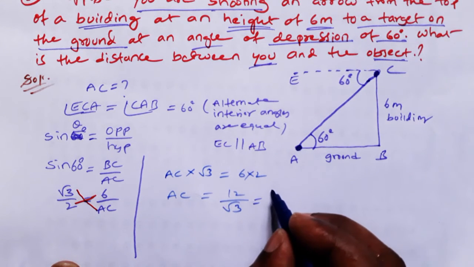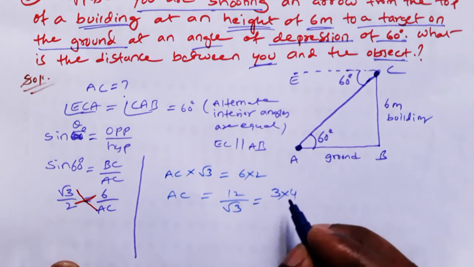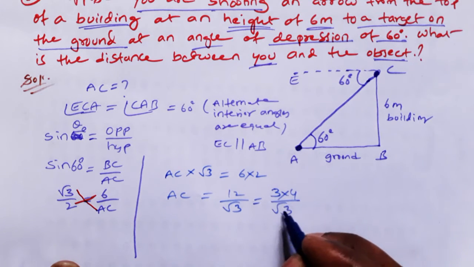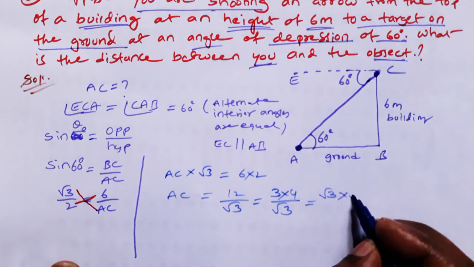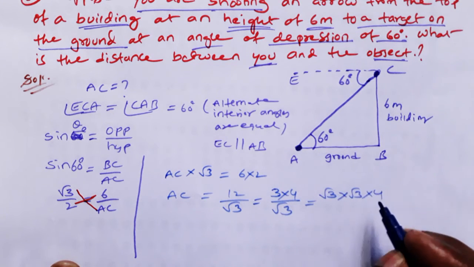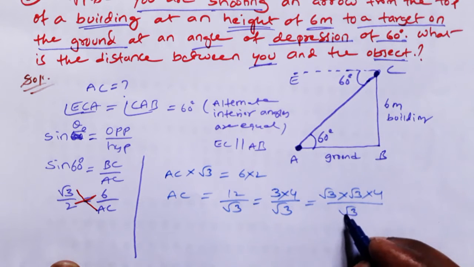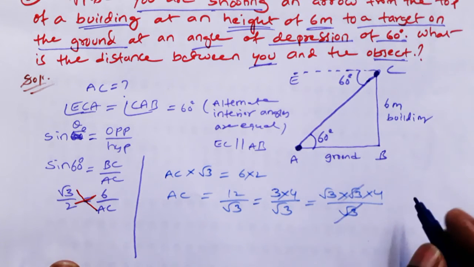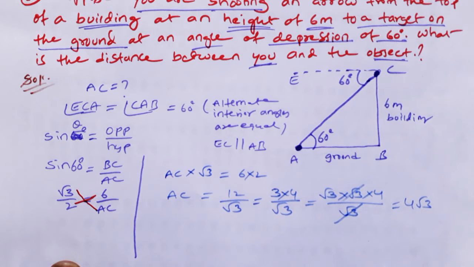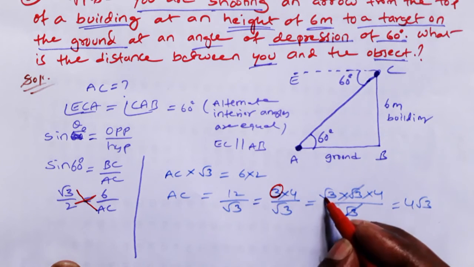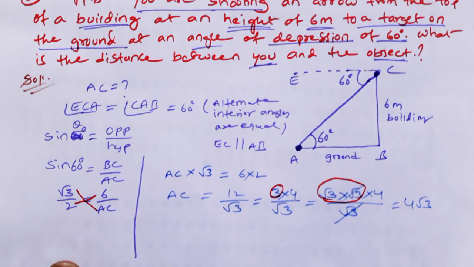12, how to write? 3 into 4 by root 3. 3 we can write as root 3 into root 3, into 4 by root 3. Root 3 cancel. Answer is what? 4 root 3. Here I wrote 3 as root 3 into root 3. We can write like this.